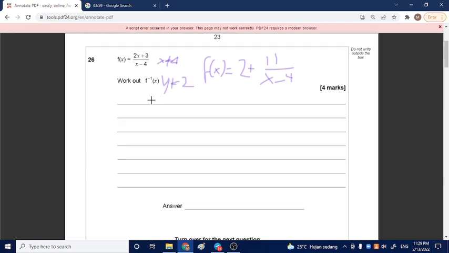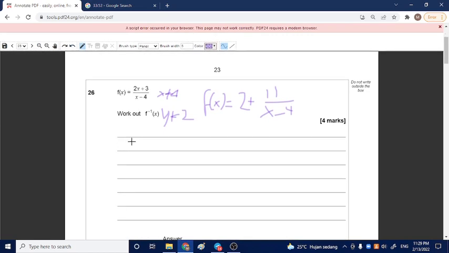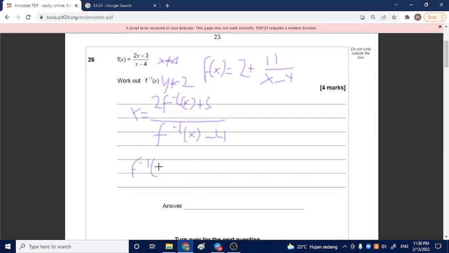So for f inverse of x, we need to switch. x is equal to 2 f inverse, f inverse minus 4. Alright, f inverse, let's combine like terms. x minus 2 is equal to 4x.